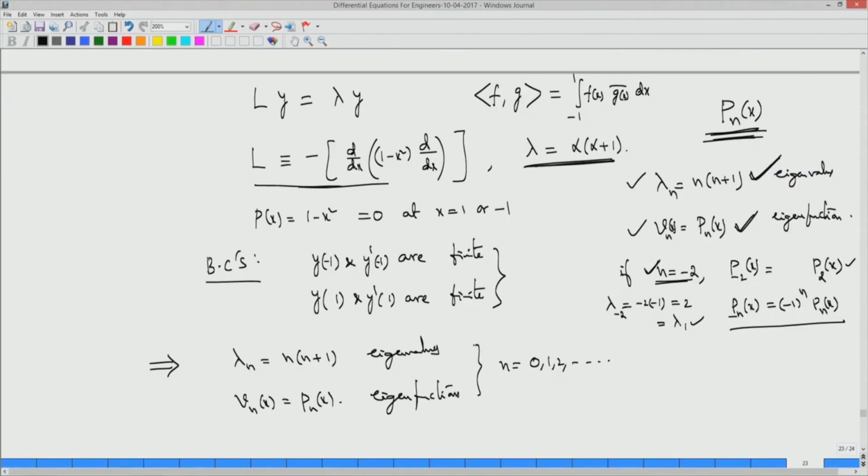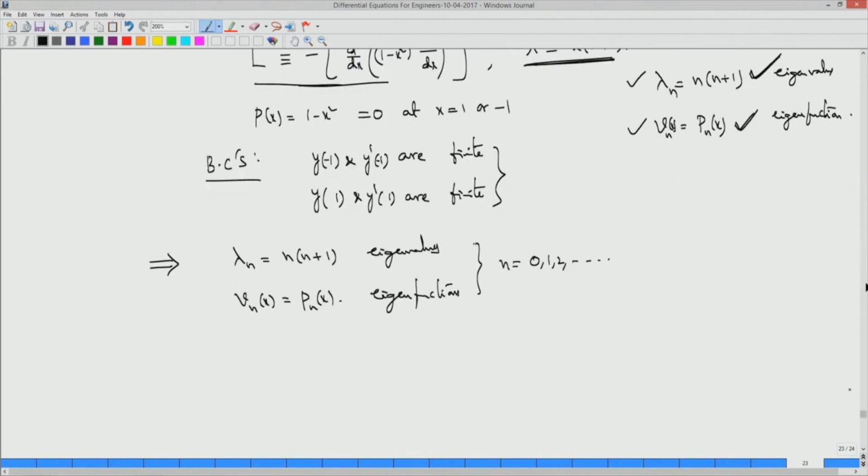So, let us not bother about negative natural numbers. If lambda is minus n, if you choose n as negative integers, the eigenvalues are already here, they are not different from these eigenvalues, that is what I mean to say.